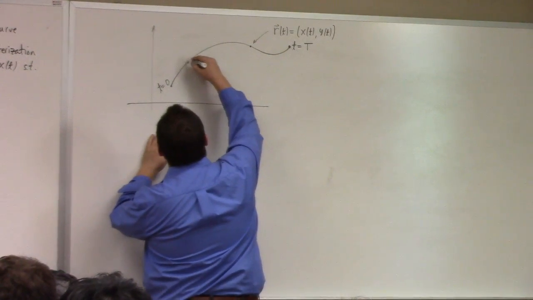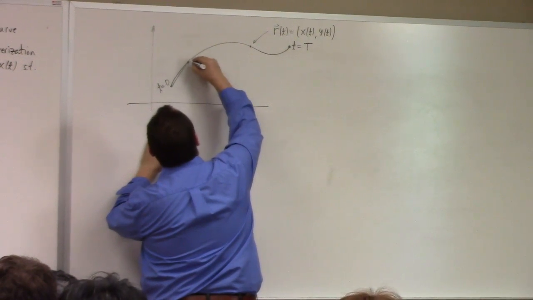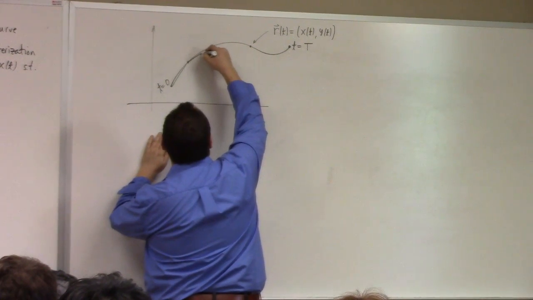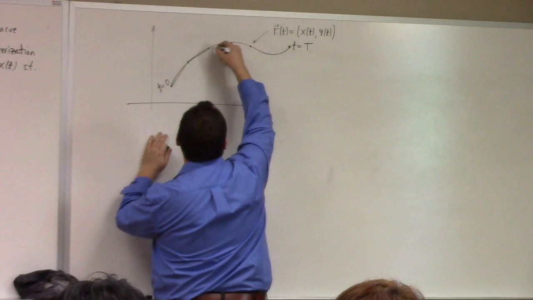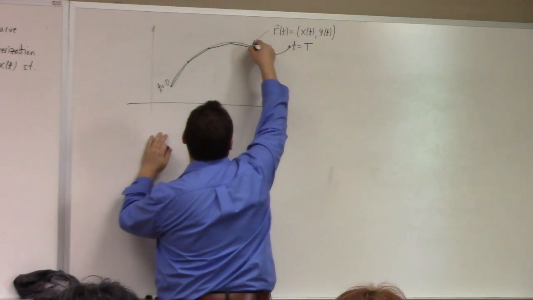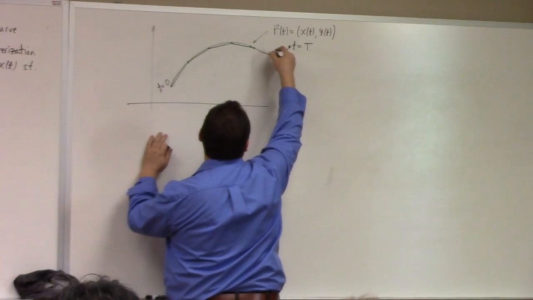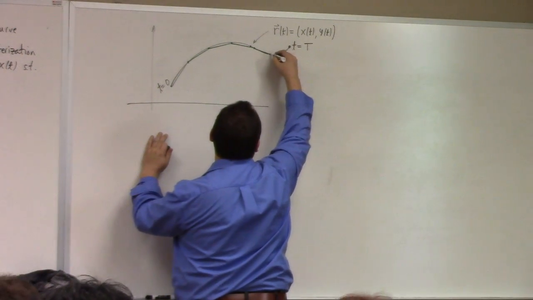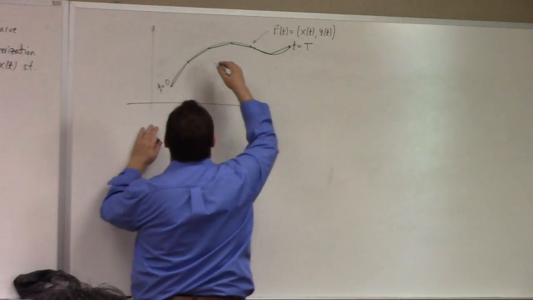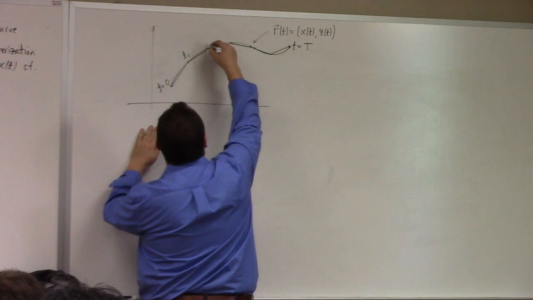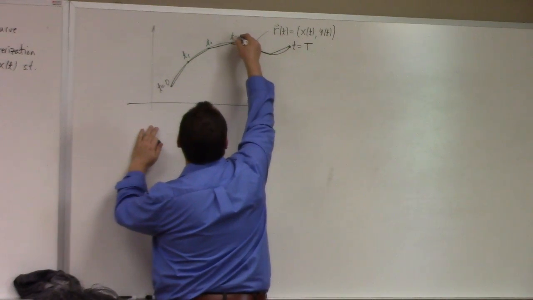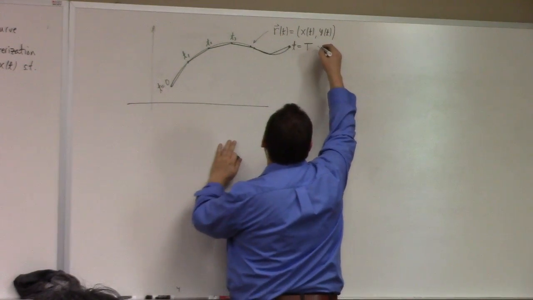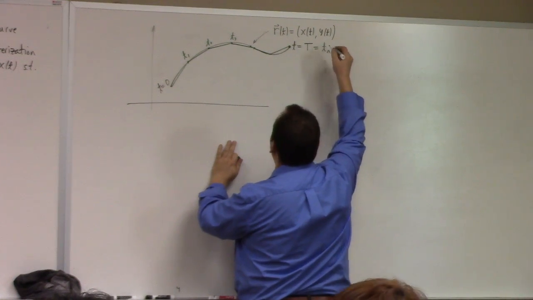If I chop it up into little segments like this, what should happen if I do equal time segments? Here would be T1, T2, this is at time 3, and so forth, and let's say this is the nth time.